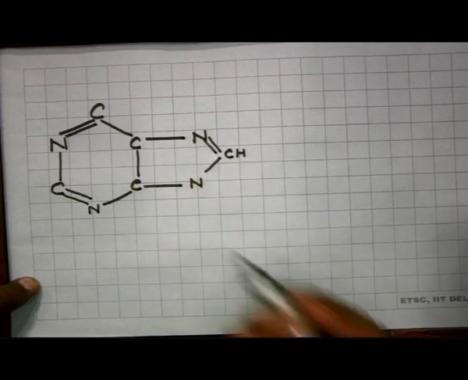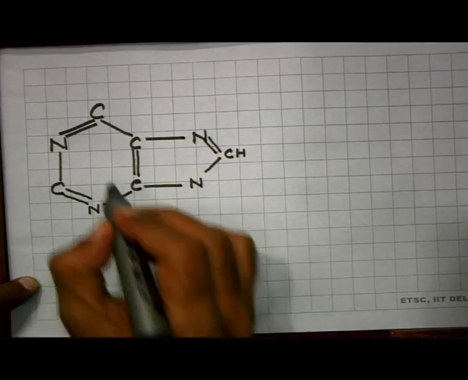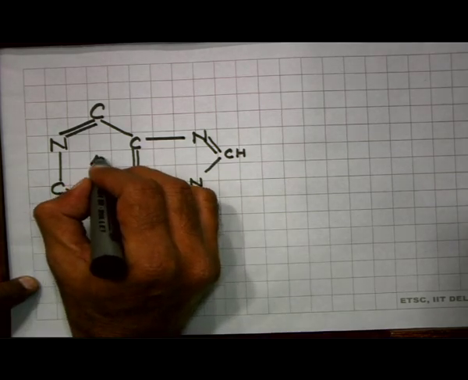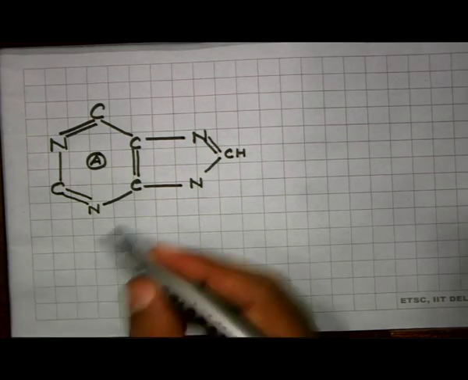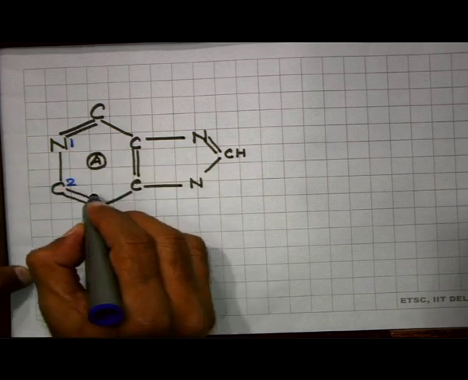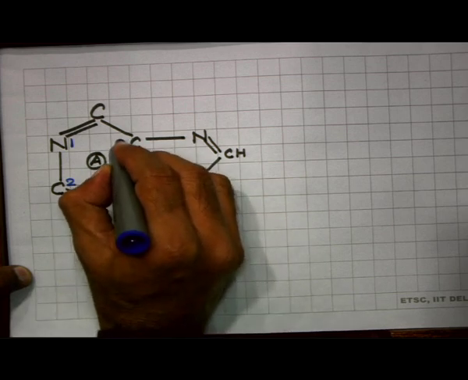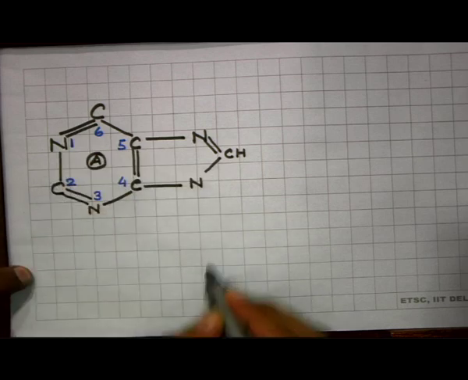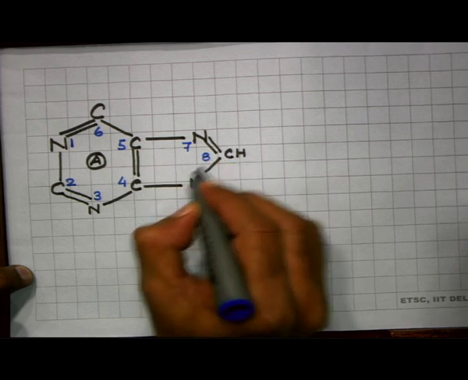This one is called imidazole ring. The adenine atoms are numbered 1, 2, 3, 4, 5 and 6, this one 7, this one 8, this one 9.